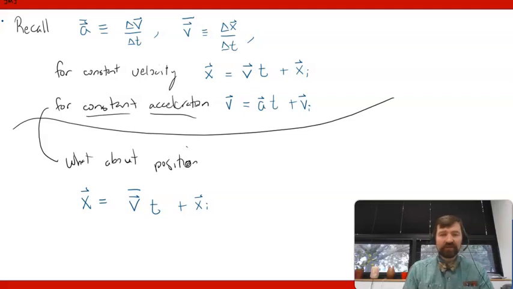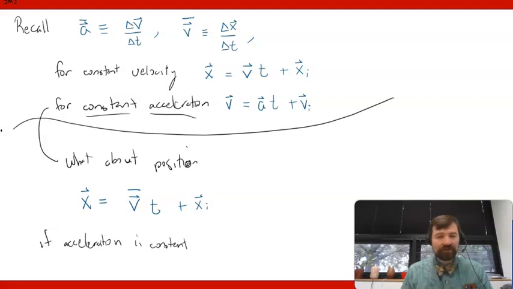And so if acceleration is constant, then it follows that the average velocity can be found by taking the final velocity, v final, and adding it to the initial velocity, v initial, and dividing the whole thing by 2.